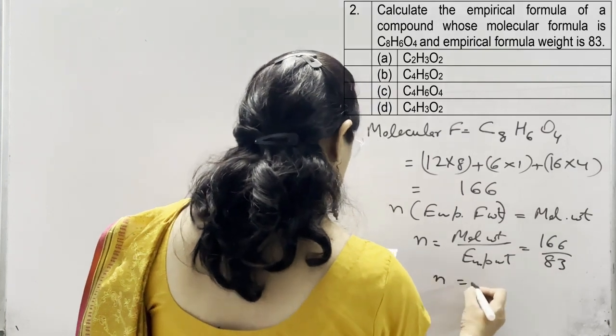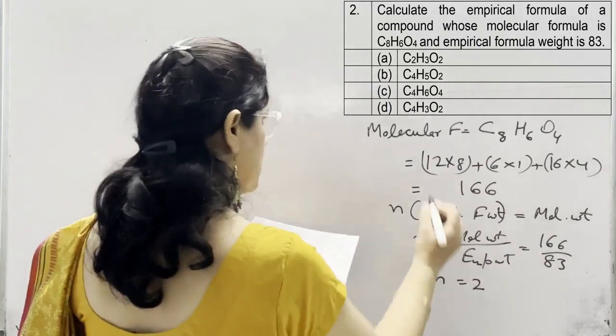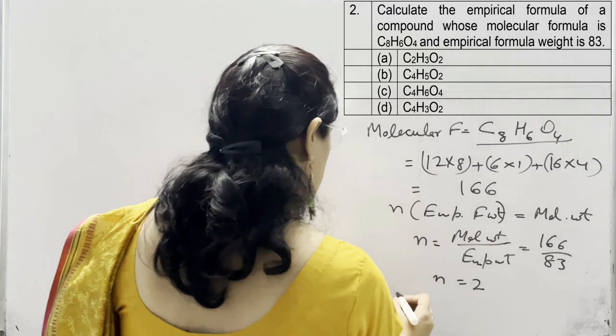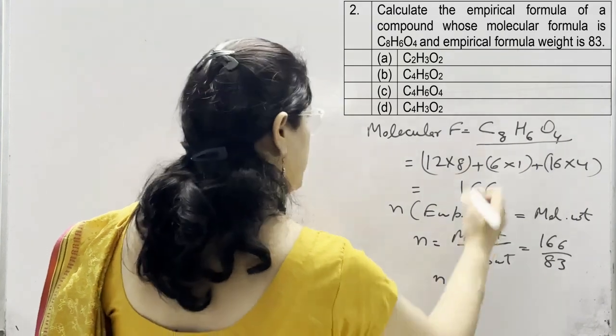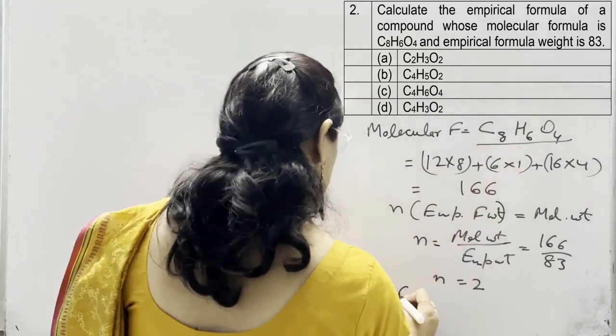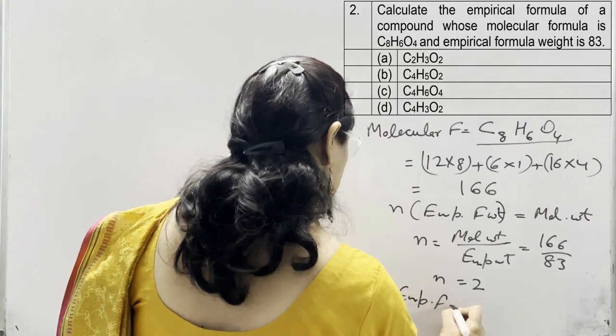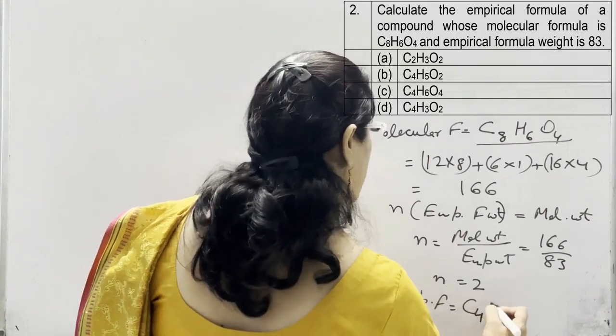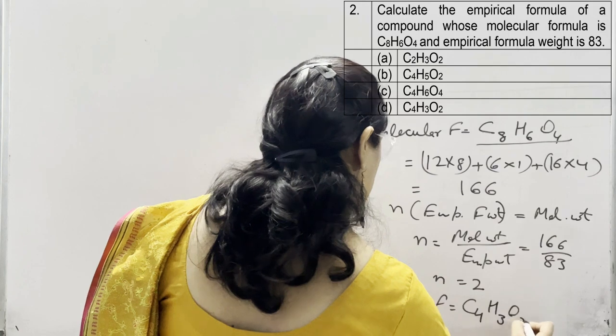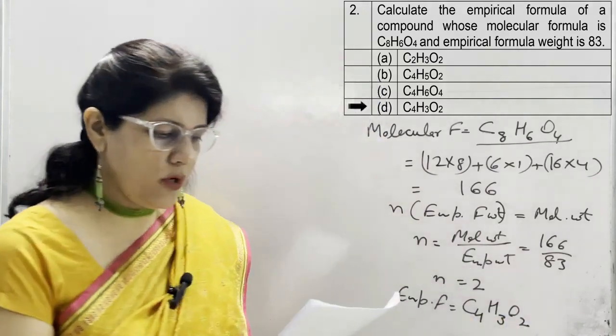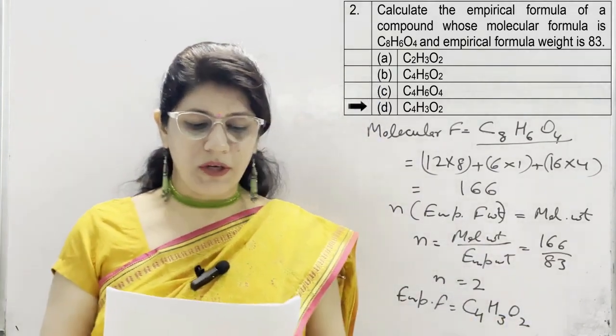So the value of n is 2. Therefore the empirical formula comes by dividing by 2. So the empirical formula is C4H3O2, which is our option number D.